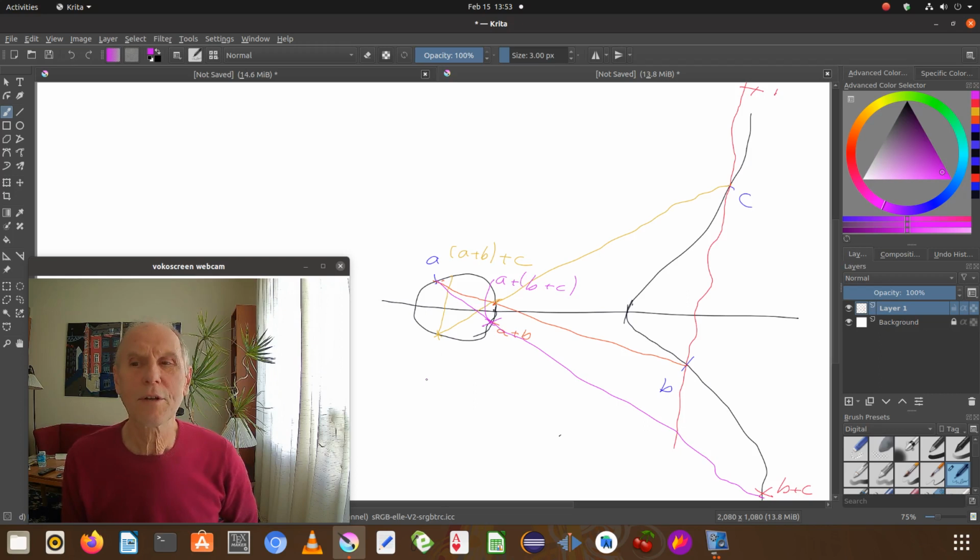This is not a correct drawing, so it's terrible. Maybe I should do it on Maple with some examples. Now, these points have to agree.